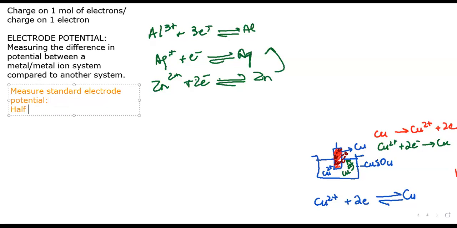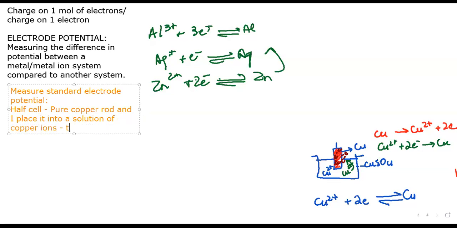I have a half cell. A half cell would be, for example, I take a pure copper rod and place it into a solution of copper ions.